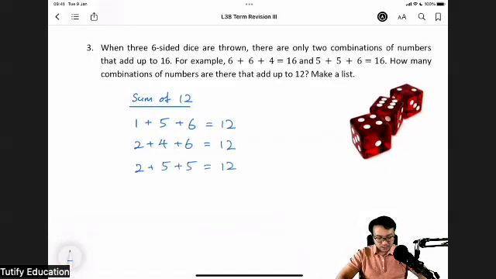And after 2, can we continue with 2 plus 6 plus 4? No. Why not? Because it is the same as 2 plus 4 plus 6. Yes, it is repeated. We don't want to repeat the number, so let's move on to 3. Okay, 3 plus 3 plus 6. Yes. What else?